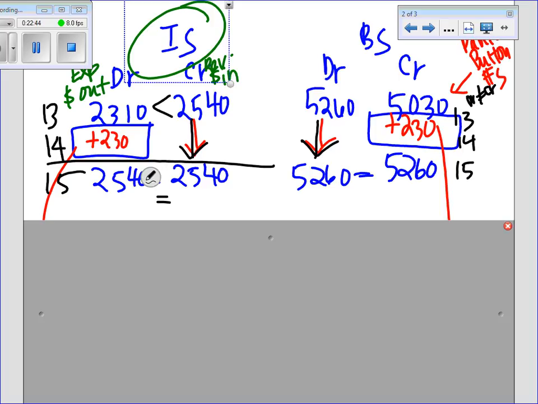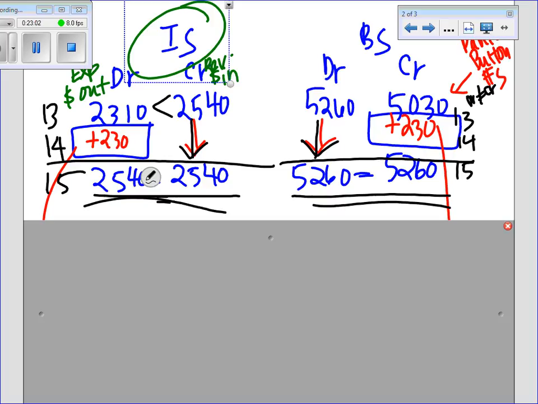So these numbers that I have squared out are the difference of both of these panic numbers that don't equal right away. And then of course we'd single rule and double rule because our math is done.